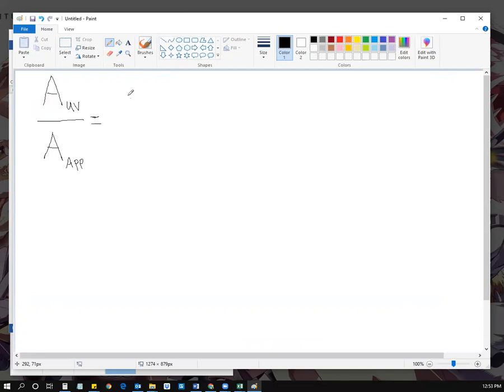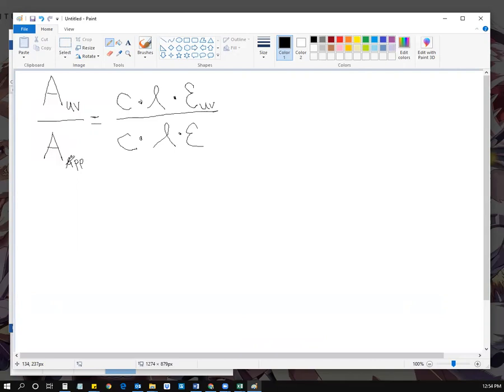So that's also going to be the concentration times the path length times, for the top part, the UV extinction coefficient. And then the ratio for the apparent is also going to be the concentration, its path length, and the extinction coefficient.